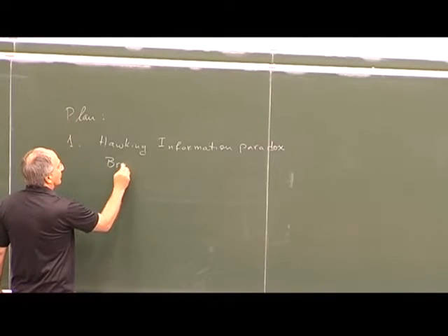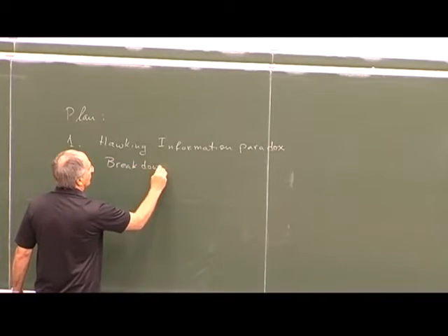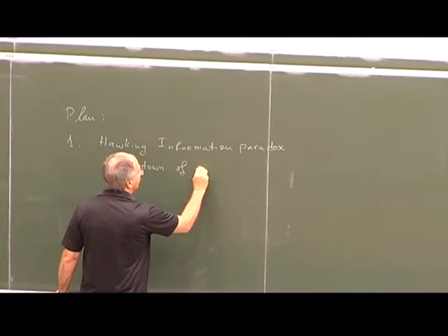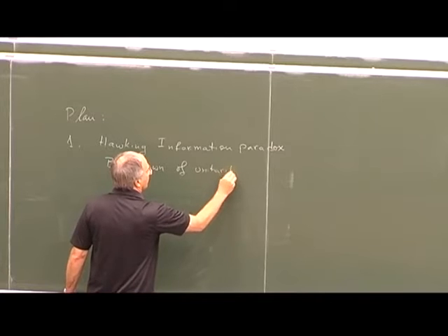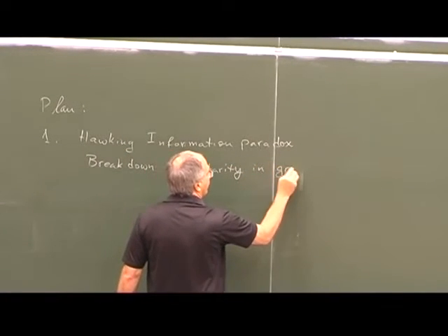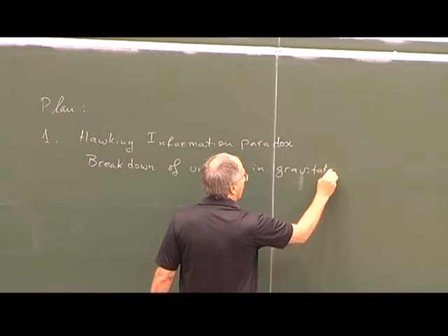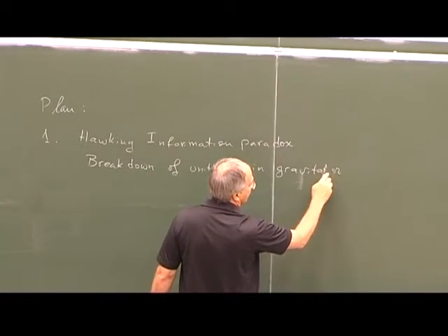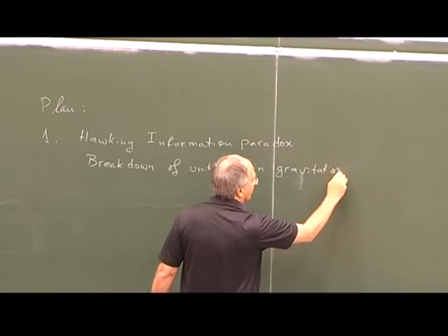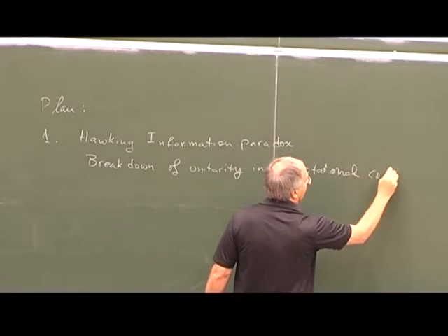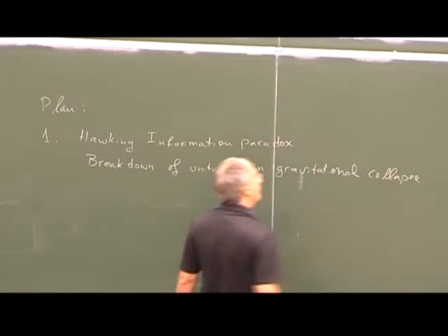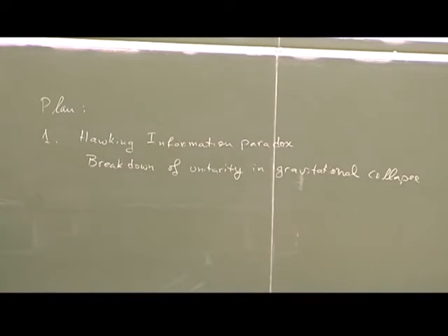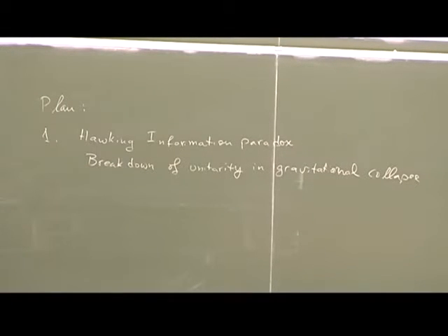And here, what we will see is that if we consider gravitational collapse, and we apply the standard rules that we are instructed to use for matter fields in this background, we find that unitarity is broken.